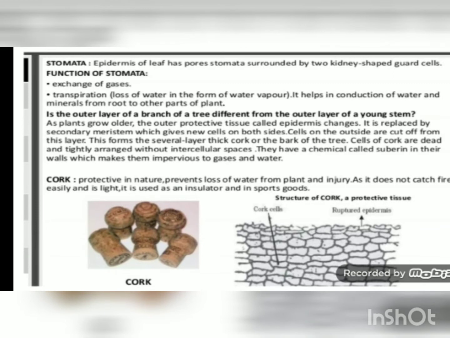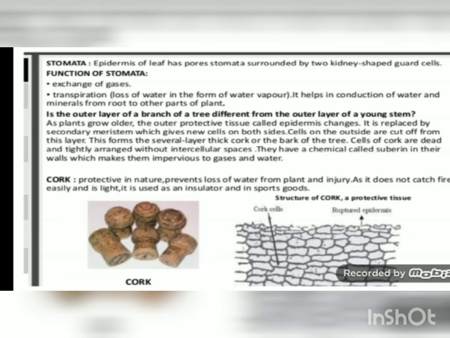We have seen that if you feel the mature branch of an old tree, and if you feel the very delicate outer layer of a younger stem, it's quite different, because in the tree the epidermis is replaced by a secondary meristem which gives new cells on both sides. The cells on the outside are cut off from this layer. This forms the several-layer-thick cork, or the bark of the tree.